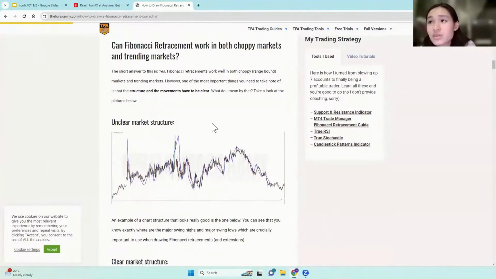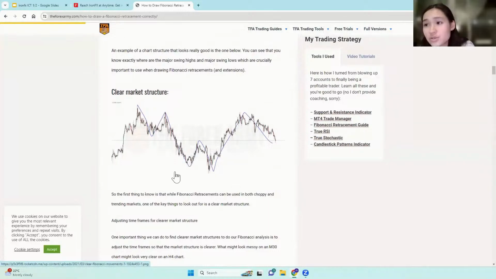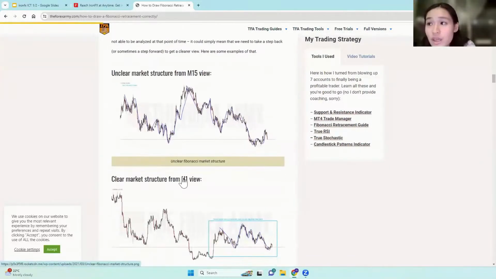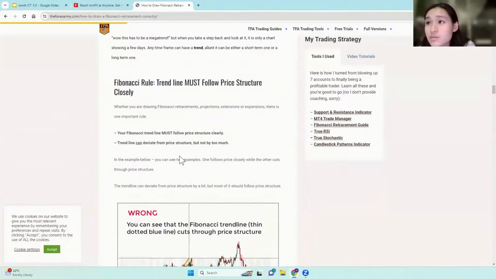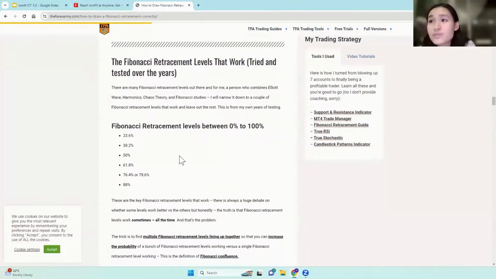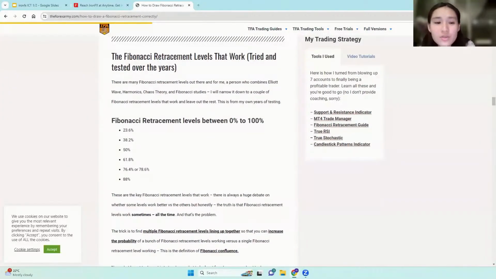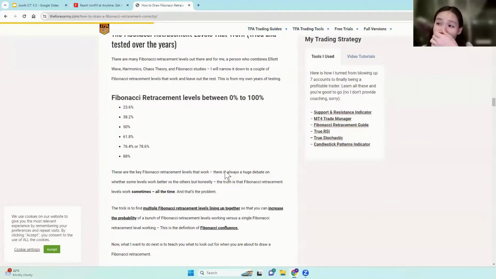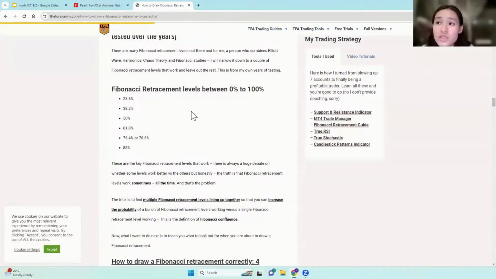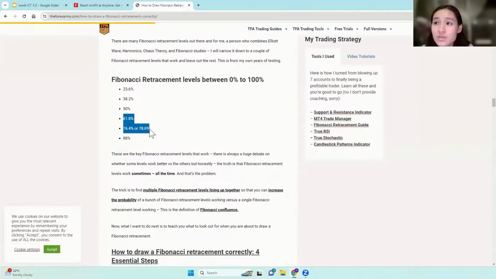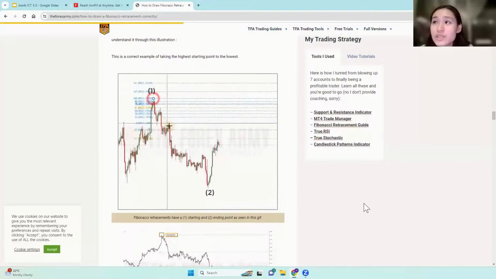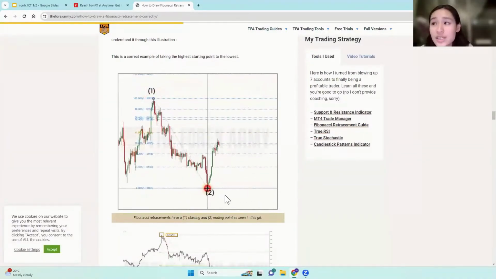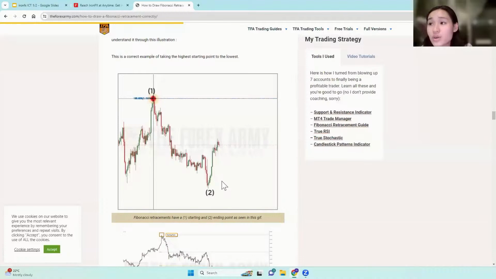There are some videos that you can take note of, the market structure to keep an eye out for. If you're looking at using the ICT to find an optimal trade entry, they recommend to use a Fibonacci between 61.8 and 78.6. So although we typically use other levels, you would just be looking at these two levels here. And how that works is basically by looking at the highest starting point to the lowest.